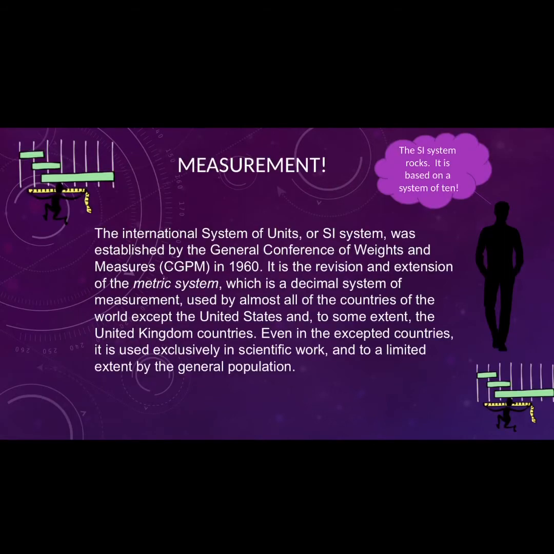Okay, here we go. So measurement, in Chem 1 you learned that we use the International System of Units, which is also the SI system. That came about in around 1960. It's basically a revision of the metric system. It's used in pretty much every other country besides the US, but even in those countries it's still mainly used for scientific work, so scientists can share across countries.